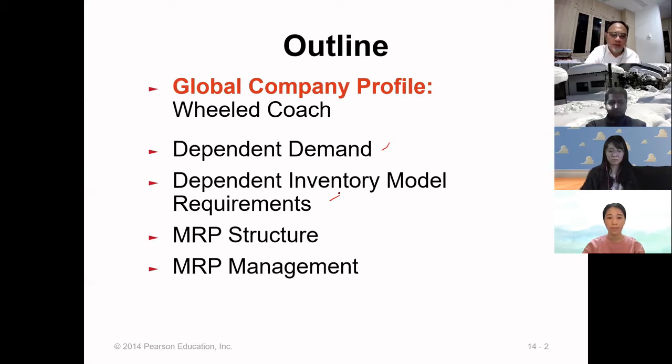And we will see the MRP structure and the material requirements planning management. It's actually a management tool on how to plan your production forward, rather than wait until, for example, there are no parts on the production line, then suddenly you need to stop production or you need to have urgent orders.